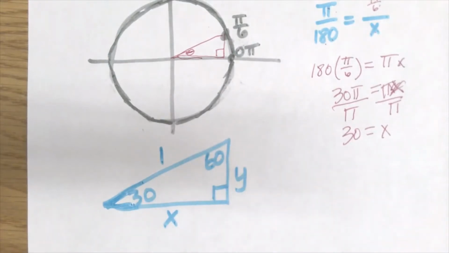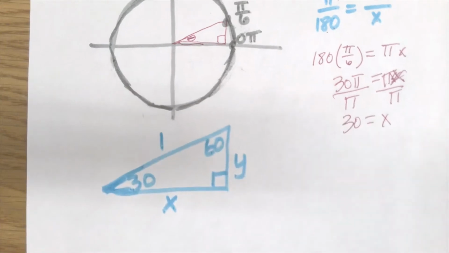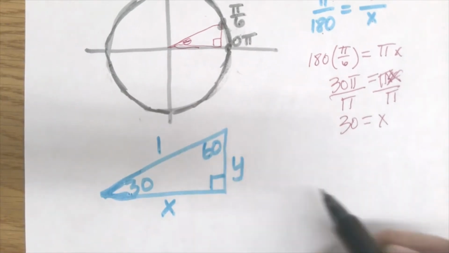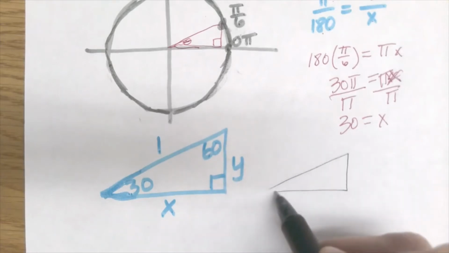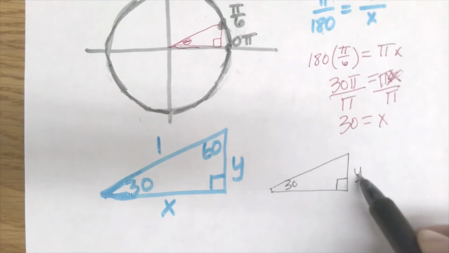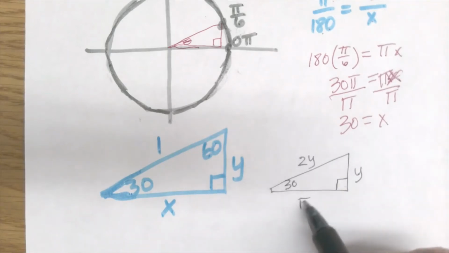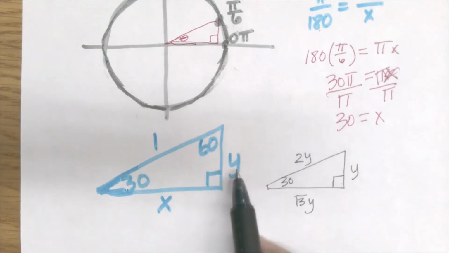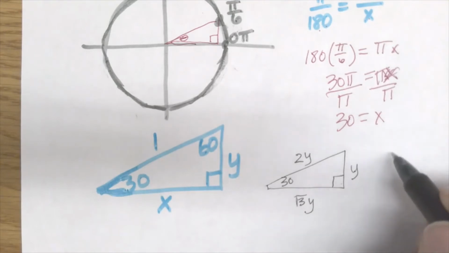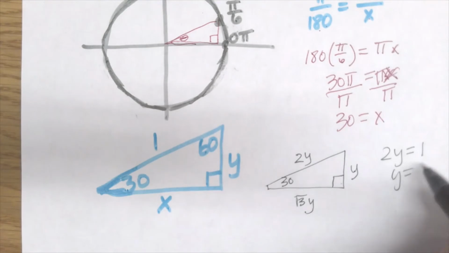And now I want to make that same connection with the 30-60 right triangles. But this time, y is the short leg. So across from the 30 degrees, if this is y, I know the hypotenuse is twice y, and I know the long leg is the square root of 3 times y. So in this case, the one thing that I know is the hypotenuse again. So the hypotenuse 2y is equivalent to 1, and y is equivalent to 1/2.